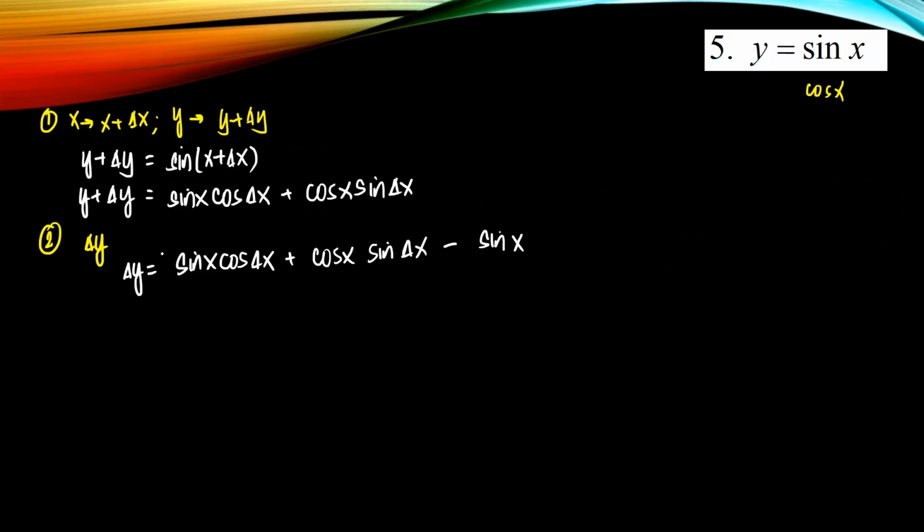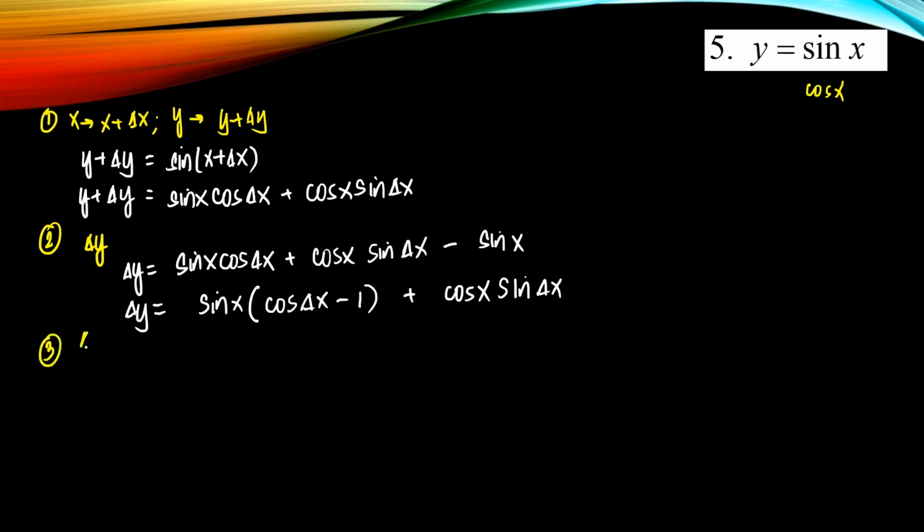And then before I do anything else with this, my question to you guys is, are there any similar terms? So some of you will say, sir, can we combine? Yes. So sine x, I have cosine delta x minus 1 plus cosine x sine delta x. And then let's go to the third step.